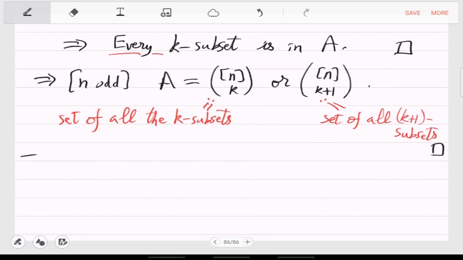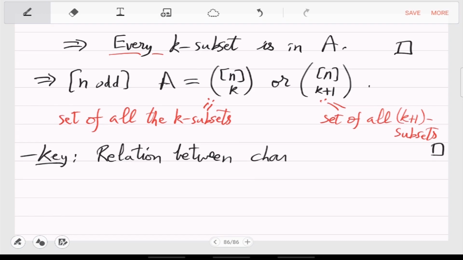The key idea here was this relationship between chains and anti-chains. That is what we used. There are much stronger relationships that we can prove.